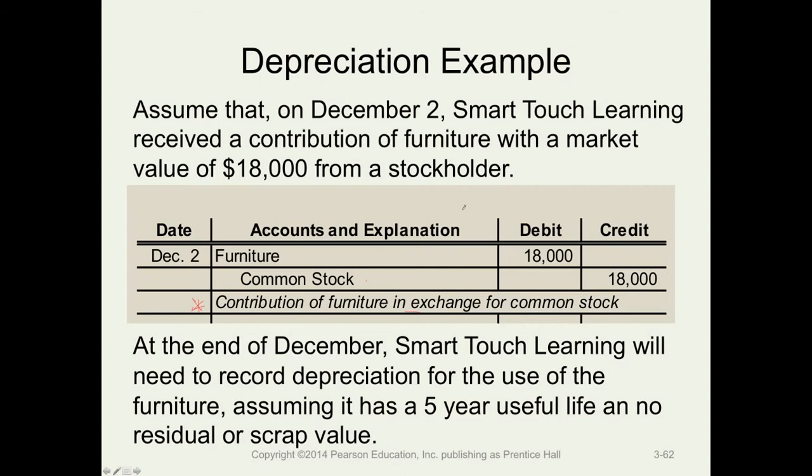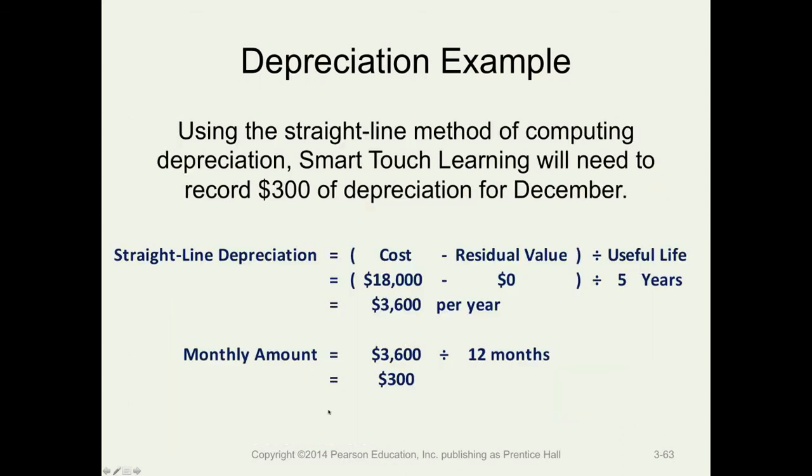Now, at the end of December, Smart Touch is going to need to depreciate this asset because they use it for 1 month. They use the furniture for 1 month, and we're going to assume that the asset has a useful life of 5 years with no scrap or residual value. We expect nothing to be left at the end of the asset's life. And we'll explain that a lot more when we get into chapters that deal with depreciation.